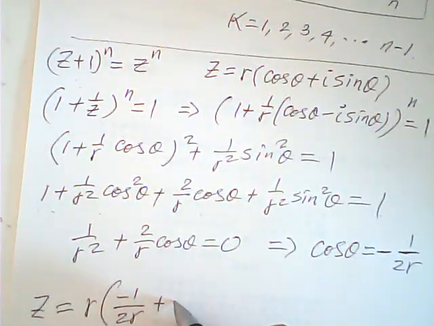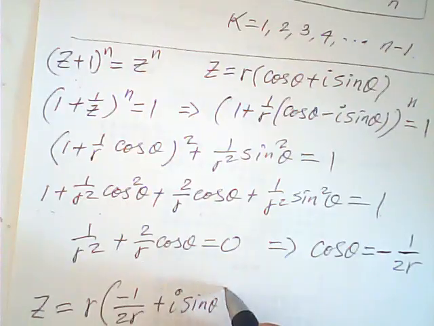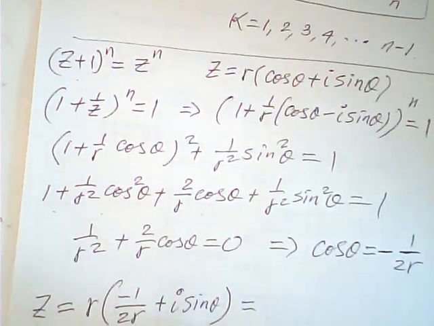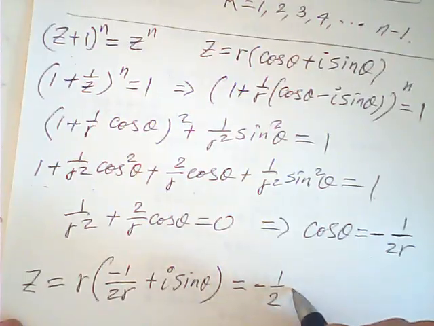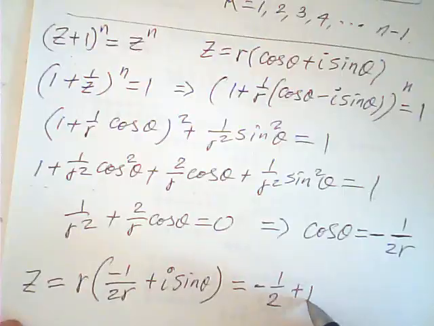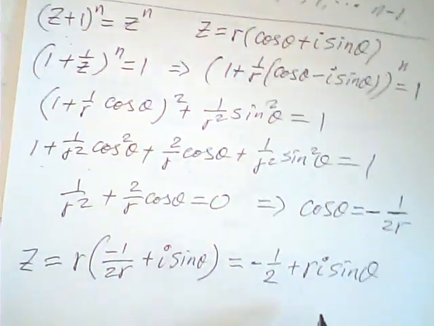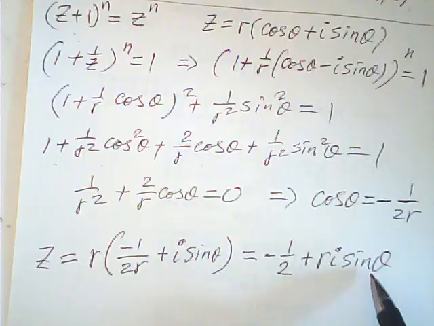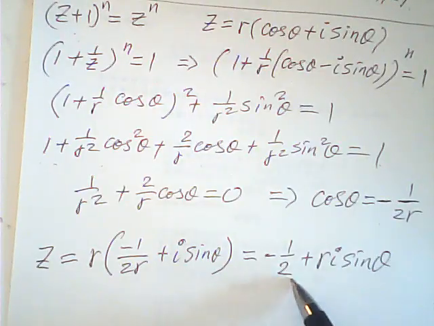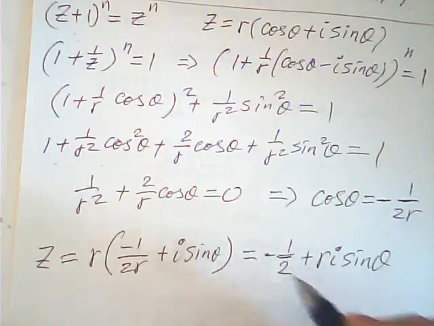Plus i sine theta, which is equal to negative 1/2 plus r i sine theta. Wow. We know that z must be a complex number. The real part is negative half.